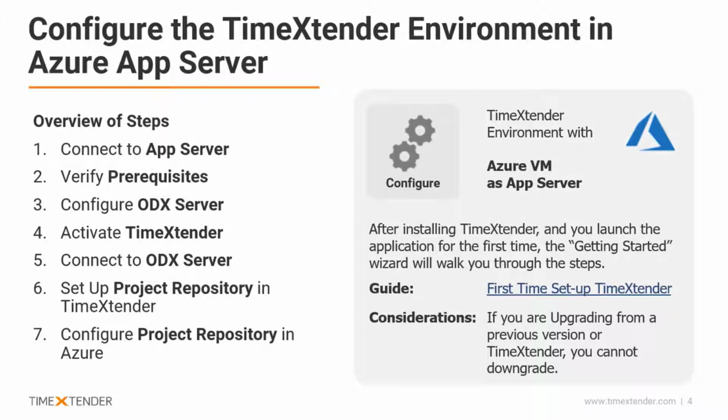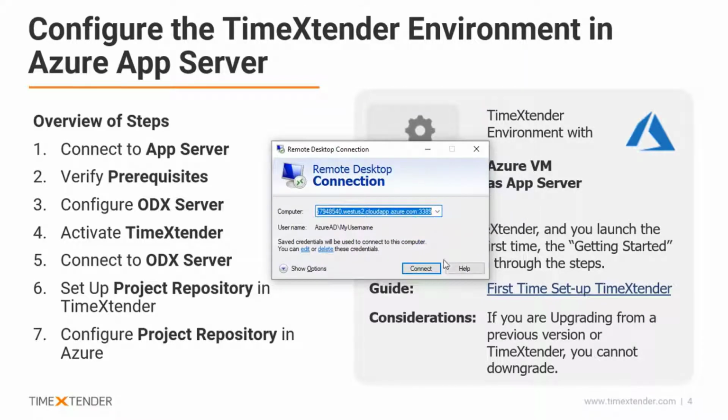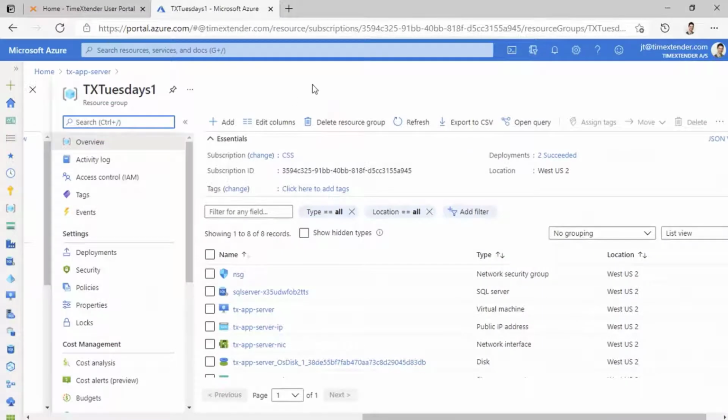So the first thing is to connect to the app server. I'm going to do that via RDP. So let me just open up remote desktop protocol here on my computer, and we can see that. And now, if you remember, we need the DNS name from the Azure portal. So I'll just go ahead and pull up the portal.